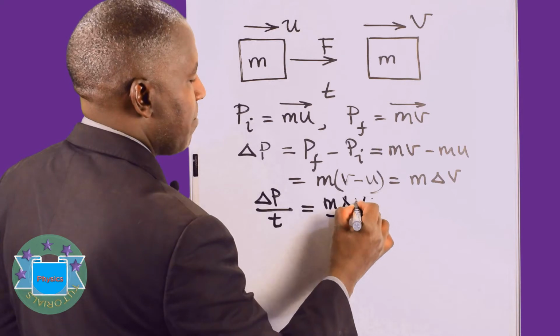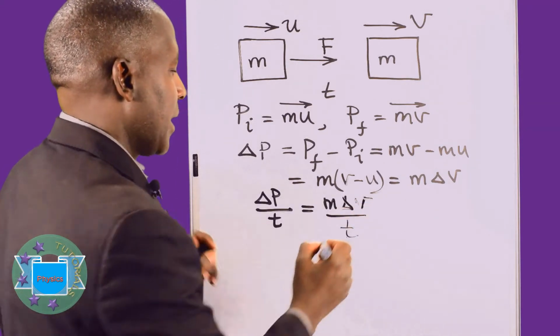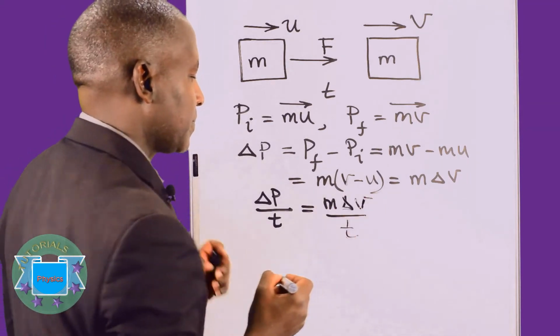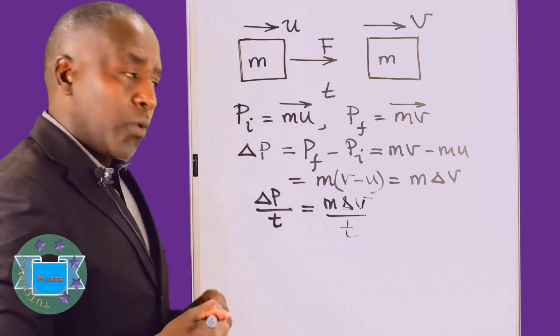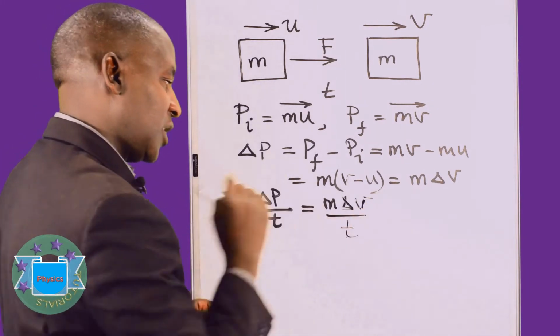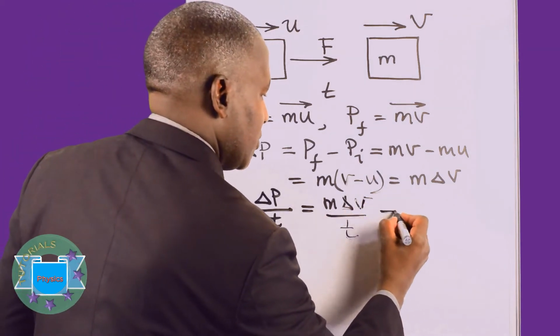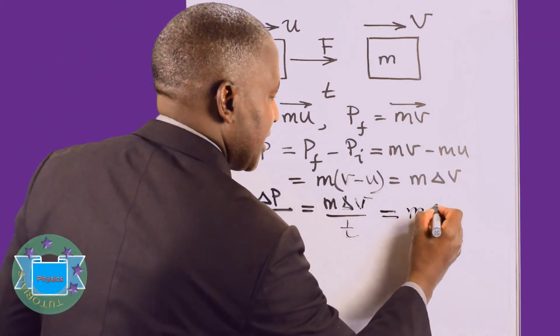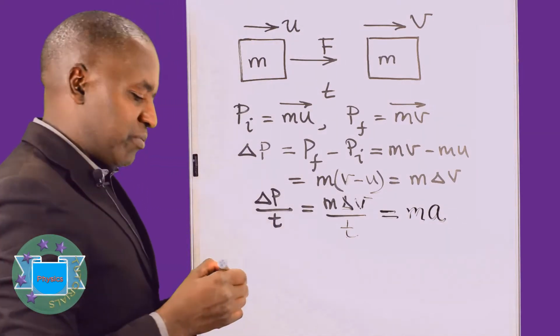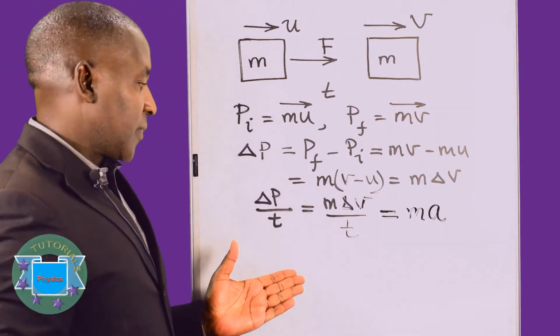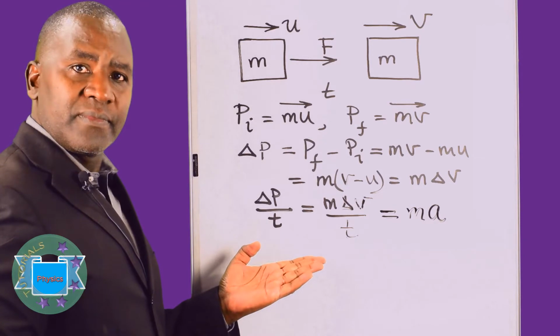And from kinematics, we know that change in velocity divided by time gives us acceleration. So this one will be equal to the mass times the acceleration of the object. It's very simple to see this.